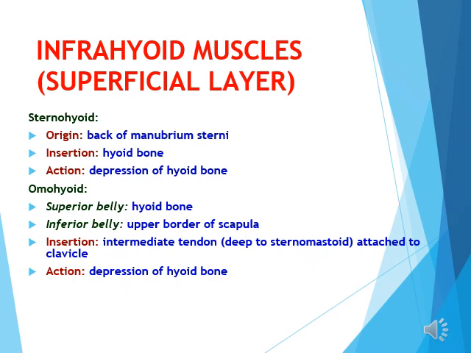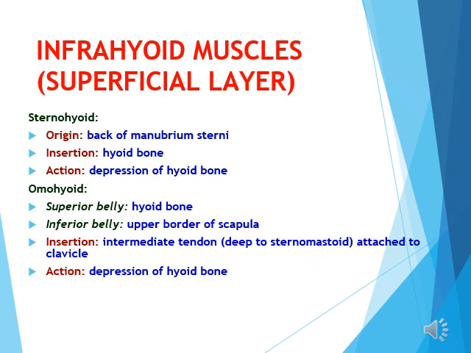So first, the sternohyoid muscle, a long strap-like structure, extends vertically from the posterior surface of the manubrium sterni and inserts into the body of the hyoid bone.